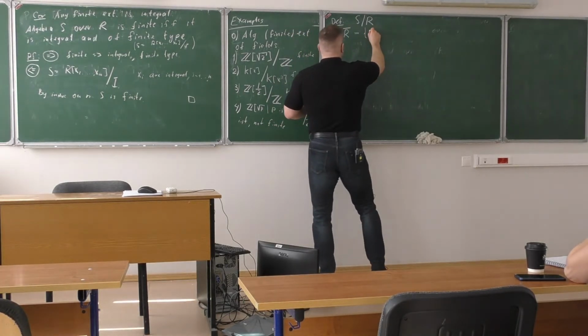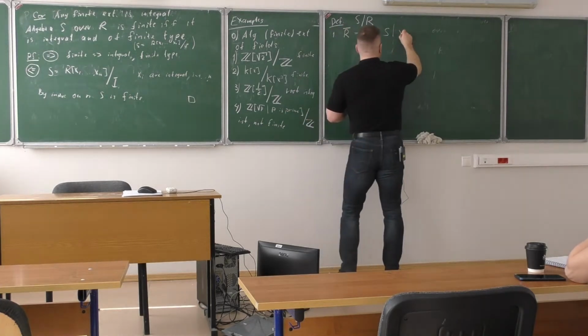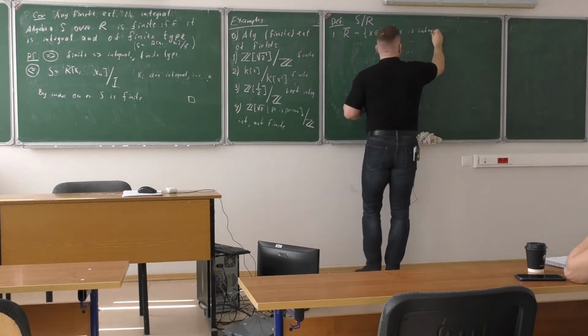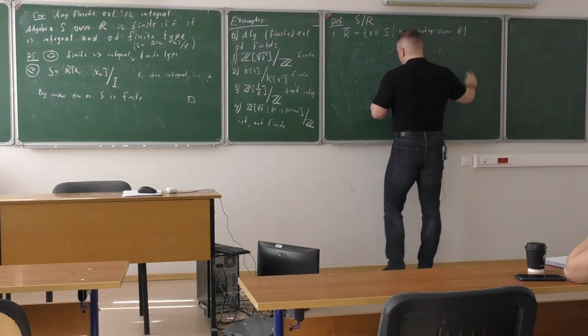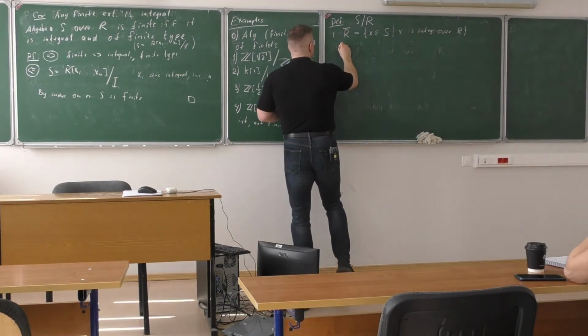So this is by definition all elements x in the ring S such that x is integral over R. So this is the set of all integral elements, and this is called the integral closure.